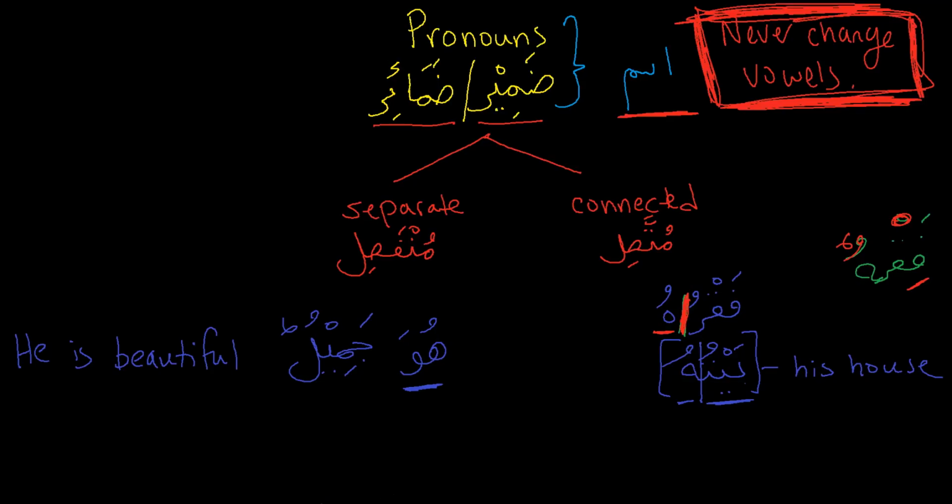Now sometimes you can actually change the hu to hi. What if the word was faqri instead of faqru? You have faqruhu here. They say faqri, and you have the ha afterwards. If there is a kasra before the ha, we automatically change it to hi, not because we changed the vowel grammatically, but for pronunciation purposes.